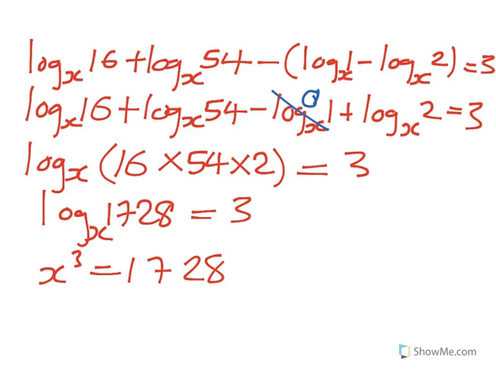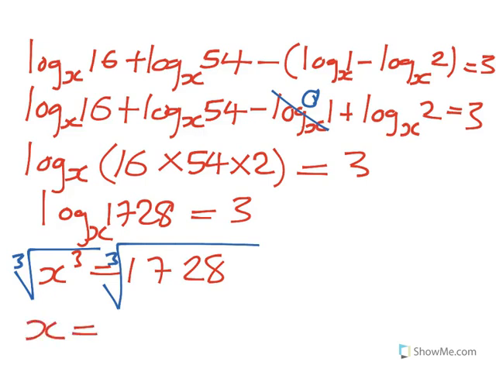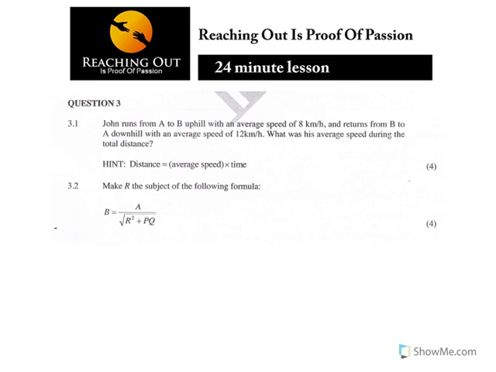Now in this case, some people prefer to do this, to say cube root. You find the cube root of x. What is cube root of x cubed? It is x. Cube root of 1728 is equal to 12. So these are different ways you could have done the same question.